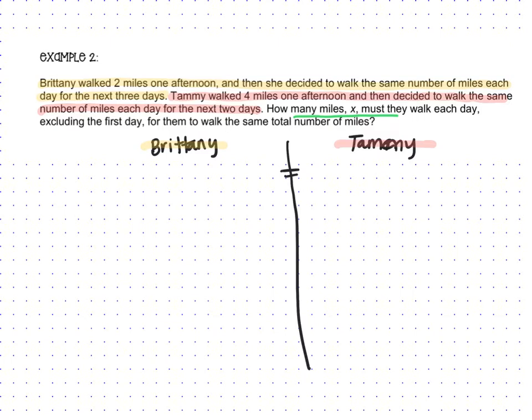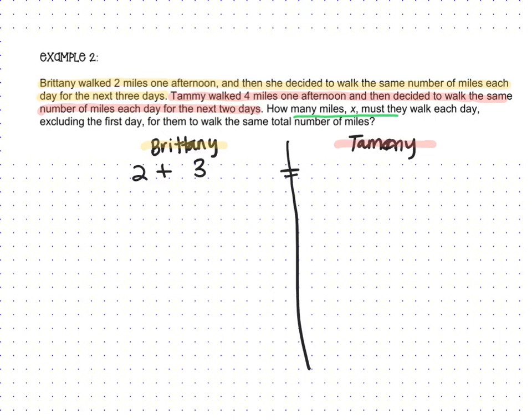All right, so let's start with Brittany. I know that Brittany walked 2 miles one afternoon. So she started out with just those 2 miles, and then she walked the same number of miles. So notice how that's repeating. Like every day, each day, she's walking the same number of miles for the next 3 days.